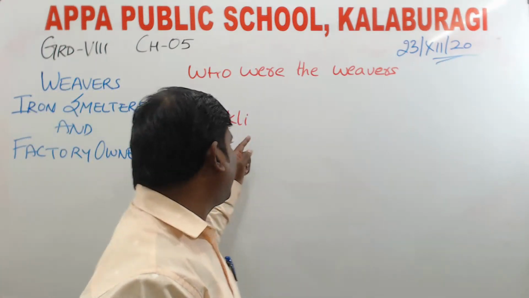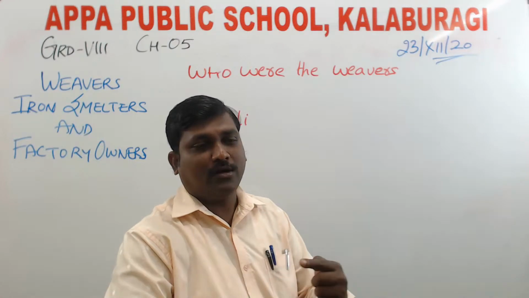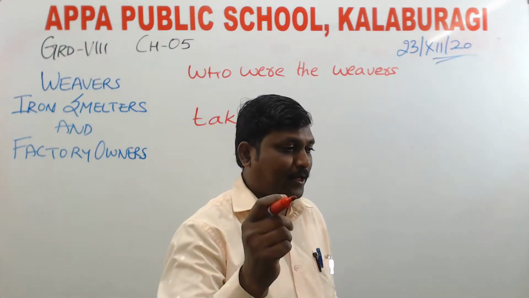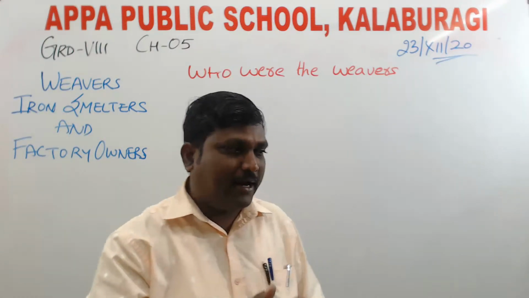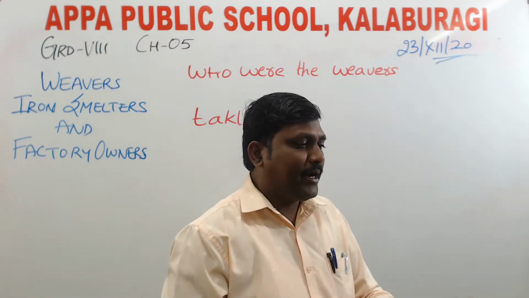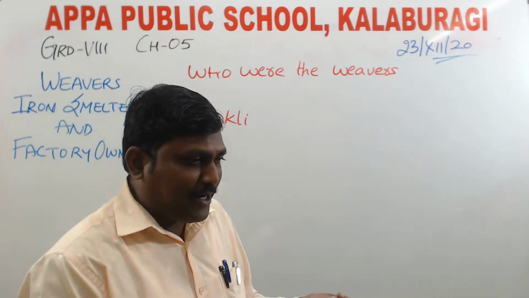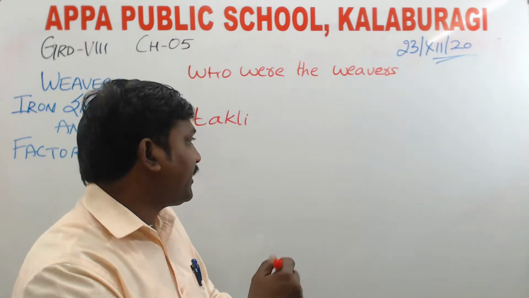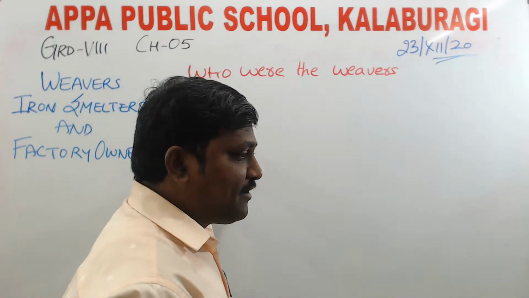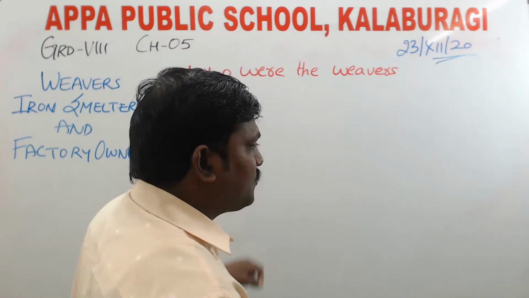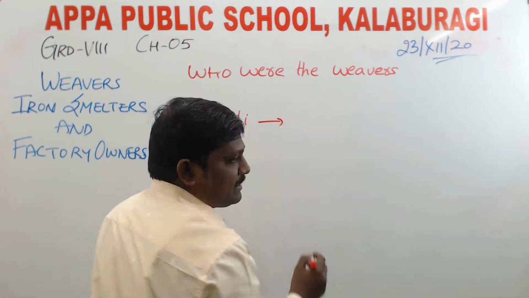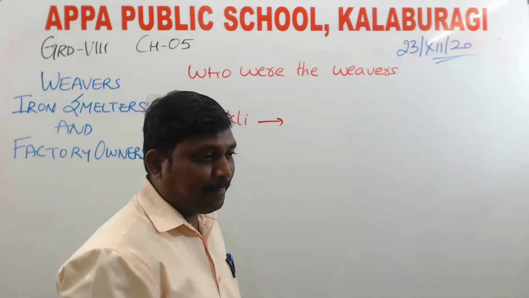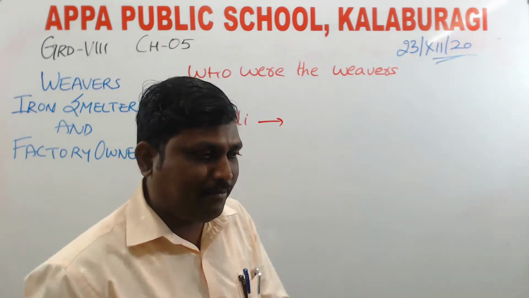They spin the thread onto the takli, just like when you play with a kite, the thread is rolled onto a cylinder type of thing, right? So it will be sent once the cloth is done, for coloring or any other purpose.